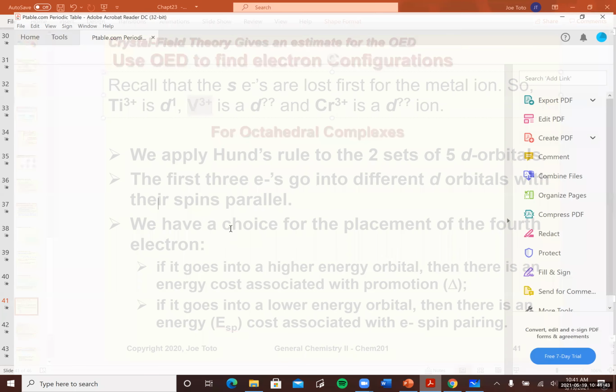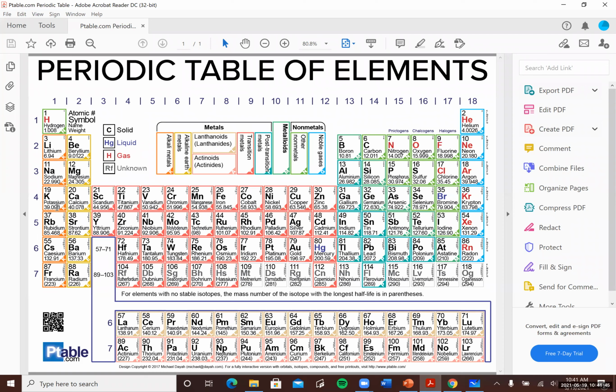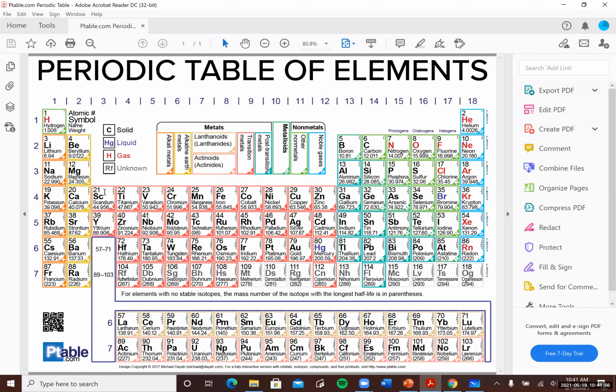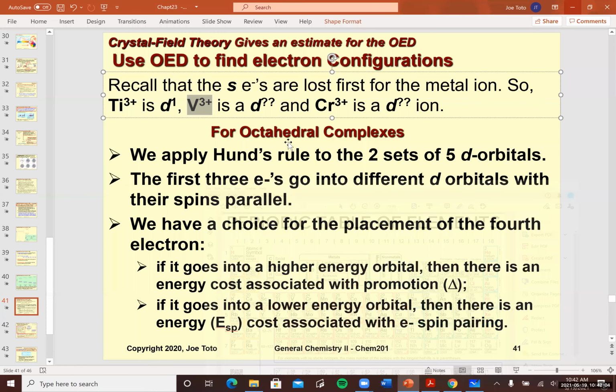So how many d electrons does that have? Well, we have to remember we lose from the s first. So that's 1 electron here, 2, then 3 here. So we have 1, 2 electrons. So vanadium 3+ is a d2 system. And you have to get used to doing that too.